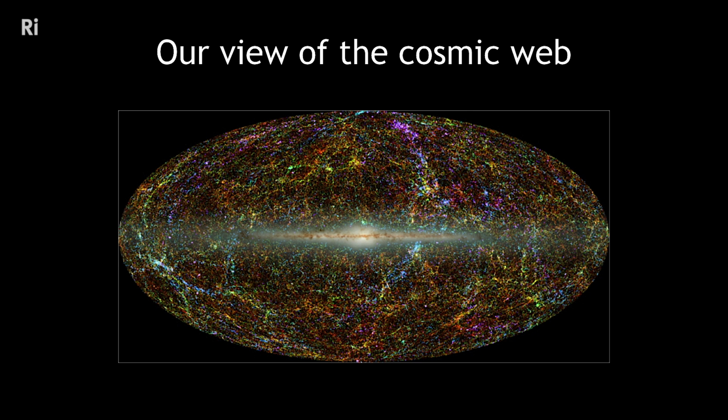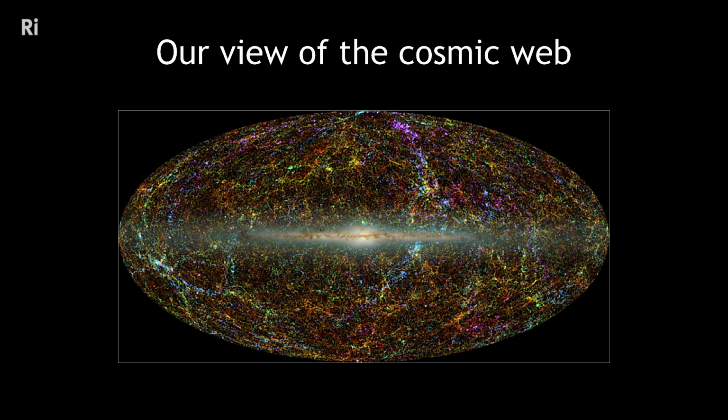We're in the plane of the galaxy, so we're looking at the center. This is in the foreground. And these dots here are all galaxies, and the colors are indicating how far away they are. And so you can see the filaments here connecting the clusters of great galaxies in this sponge-like pattern.